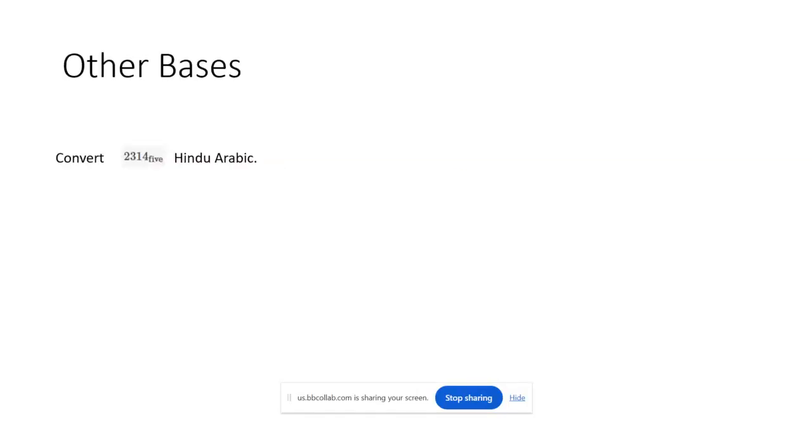So the first thing that I'm going to do is make a conversion. I want to convert this number, which is in base 5. Notice it's a little bit small, so I'm going to rewrite it. I have 2, 3, 1, 4, and we write down the base below, base 5. My students asked during class if they needed to write down the 5 every single time.